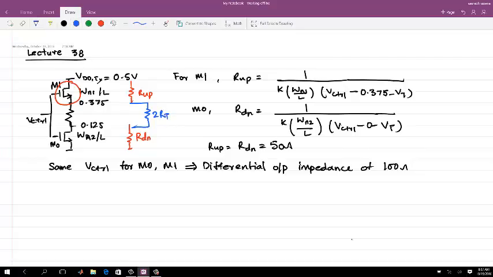This is VDD and this is ground at the bottom. So what we maintain here is that the looking-in impedance Zn should be equal to 100 ohm.